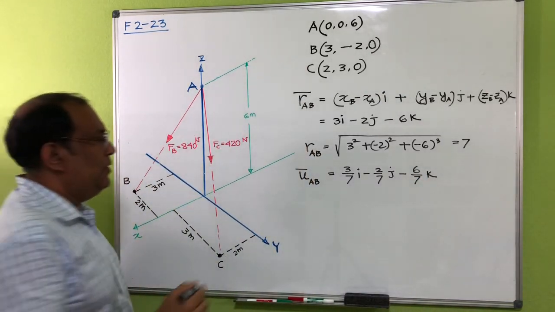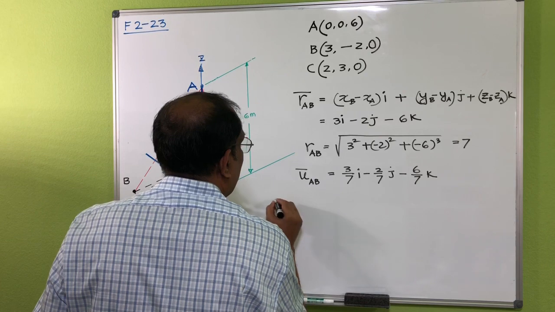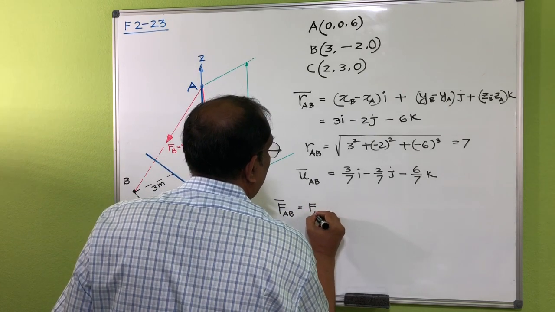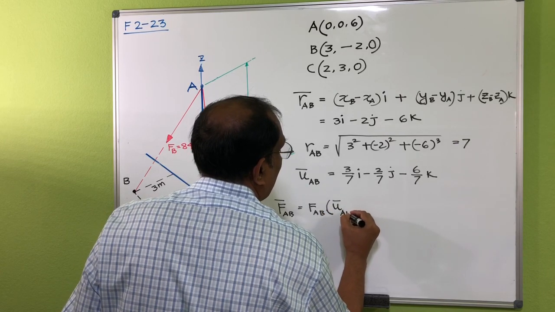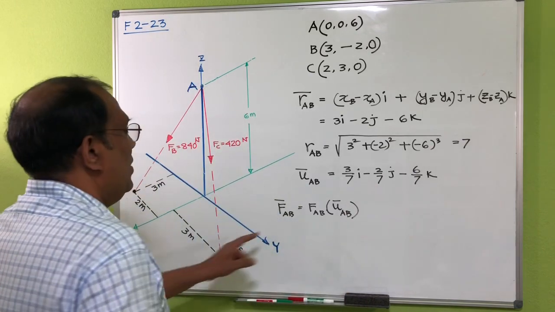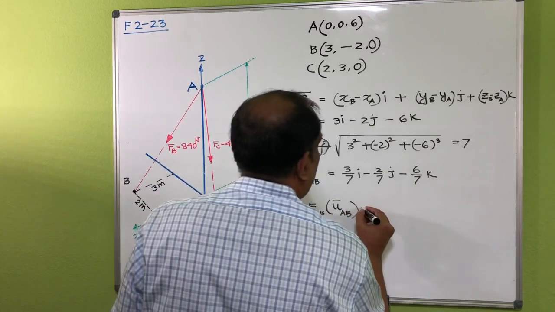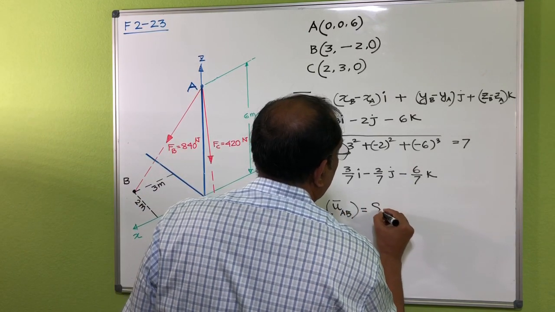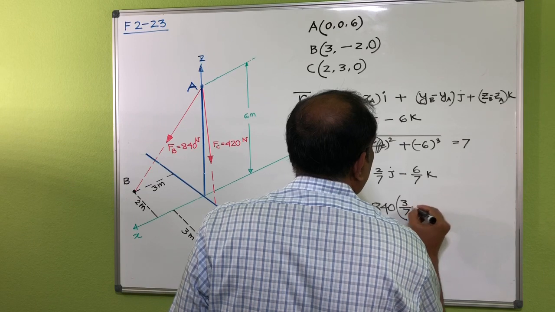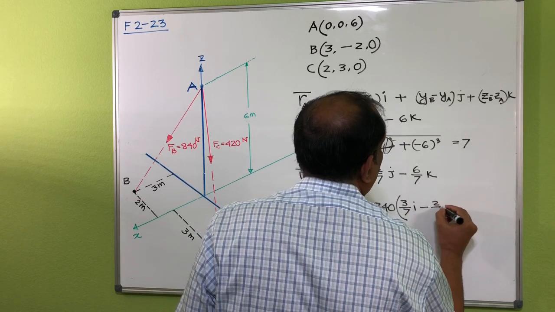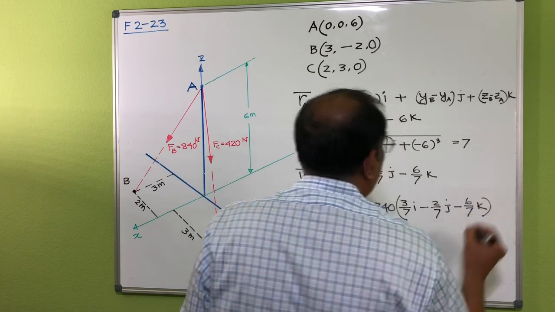Now our force vector from A to B is FAB multiplied by UAB. The magnitude of FAB is 840.